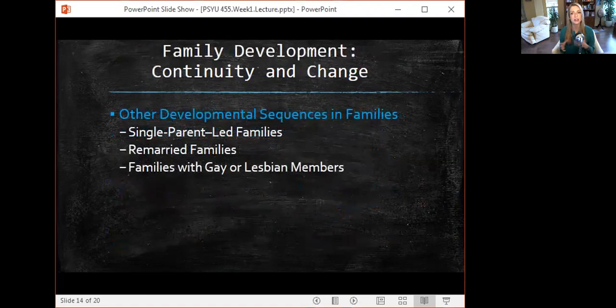Families led by gay or lesbian couples are also likely to experience life cycle stress as transitions similar to those of heterosexual couples, in addition to the unique challenges that their marginalized status in society places on the children and the family as a whole.